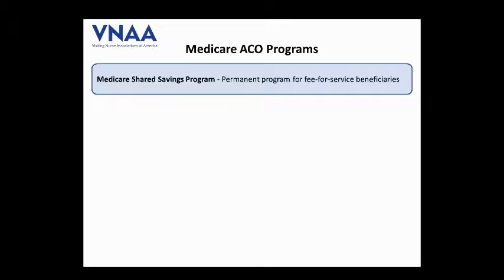There's a model where providers can come together as an ACO and only be eligible for shared savings initially. There's also a model which has both upside and downside risk. So that means that not only is the ACO eligible for an incentive payment, but they could also be eligible for losses. And again, this is the permanent program under the Medicare program. Providers do need to apply and be approved by CMS to participate, and then they enter into multi-year contracts.